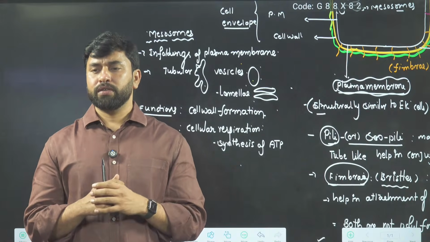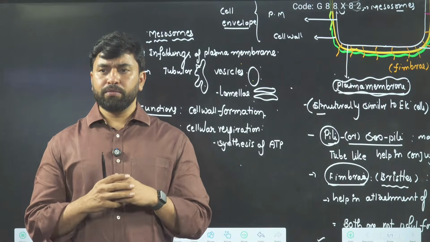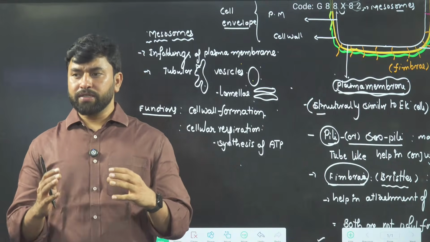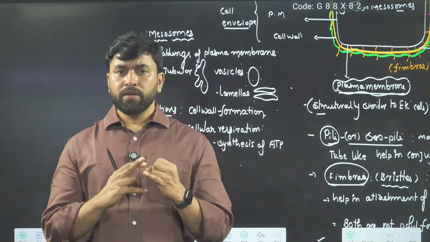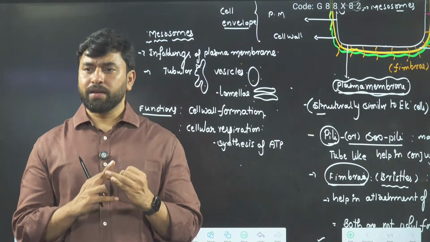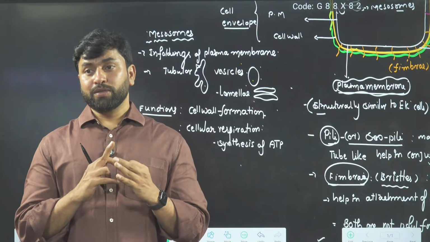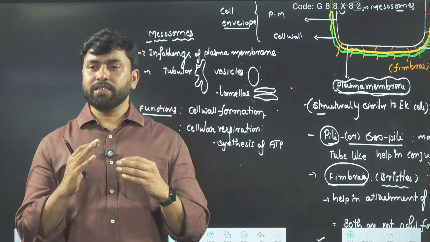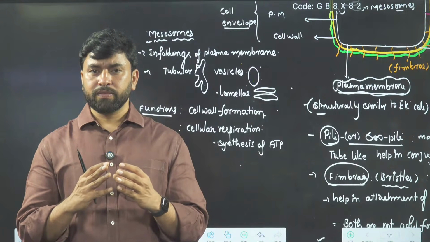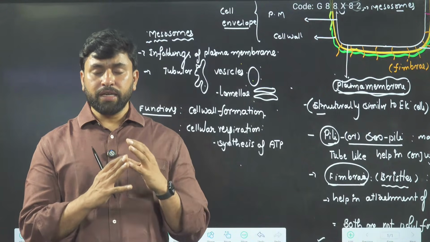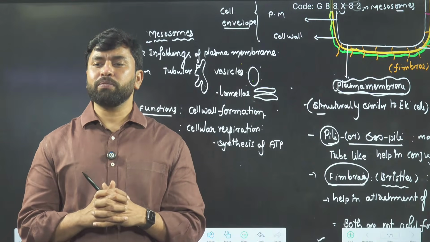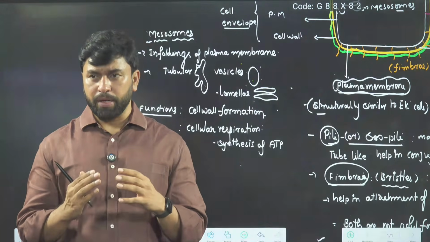mesosomes. If you closely observe mitochondrial function, cellular respiratory events like link reaction, Krebs cycle, and also electron transport chain. Link reaction and Krebs cycle happen in the matrix, and the electron transport chain happens on the inner membrane.